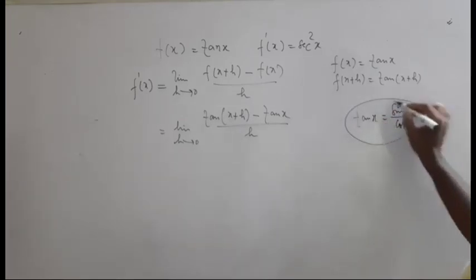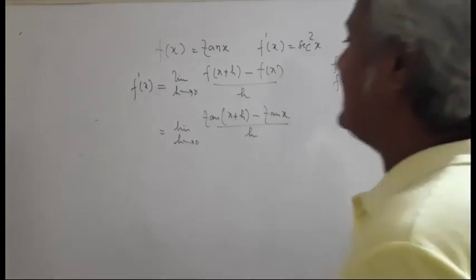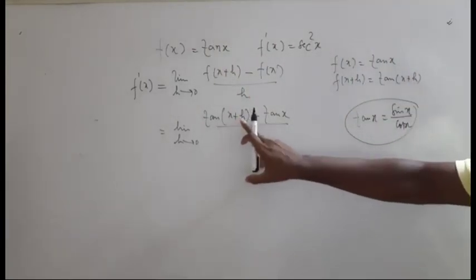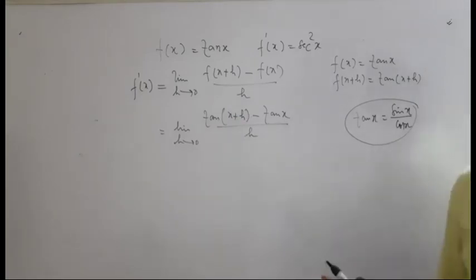And since this is just the limit and we have some values of the limit also, we would like to convert this tan(x plus h) as sine over cos.